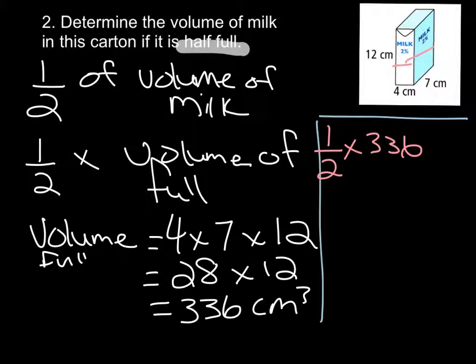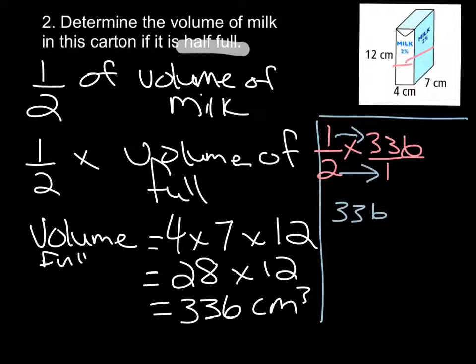Okay, so if we want to solve this here, we're working with fractions. So we're going to have to give this number here a denominator of 1. Because any number, we can say that it has a denominator of 1. And what do we do when we're multiplying fractions? Yeah, we just multiply straight across the top and straight across the bottom. So 1 times 336, well, 1 times anything is that thing.